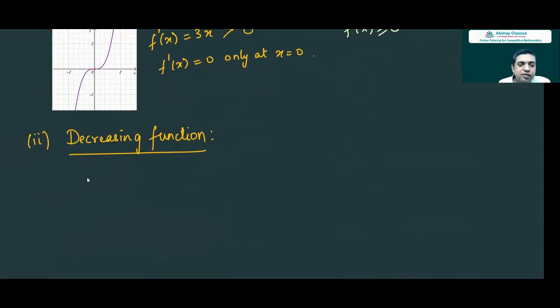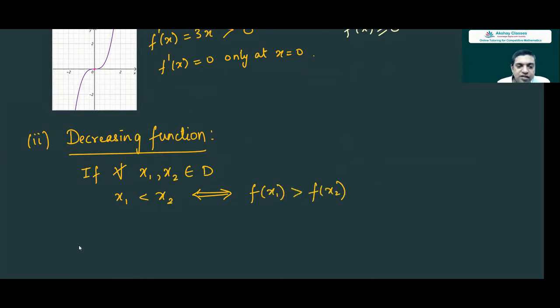For a decreasing function, if for all x1, x2 belonging to the domain, x1 less than x2 implies f of x1 is greater than f of x2, then the function is strictly decreasing.